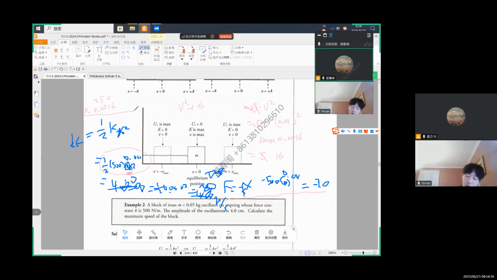That's 0.4. Oh yeah, that makes more sense. 0.4 and then divided by, what's the other side? 0.025.